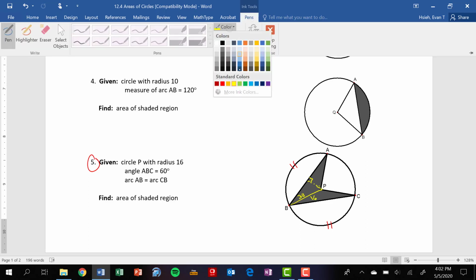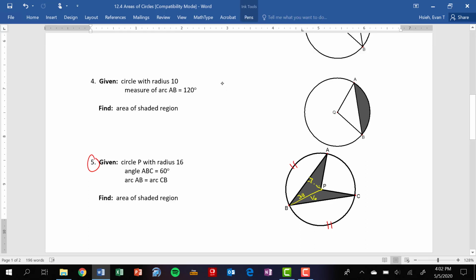So if I go ahead and draw this triangle out here, what are we looking for? We're looking for the area of the shaded region. I'm just going to take one of these triangles and blow it up a little bit. And I know that this is 16, this is 30, got a 30, 60, 90 triangle. This is 90 degrees here, that makes this 8. And so this is going to be 8 root 3.